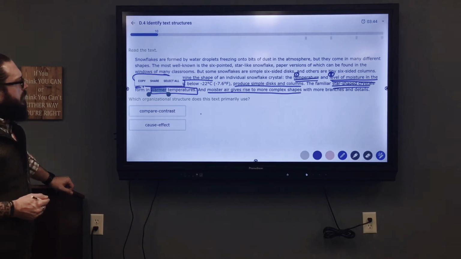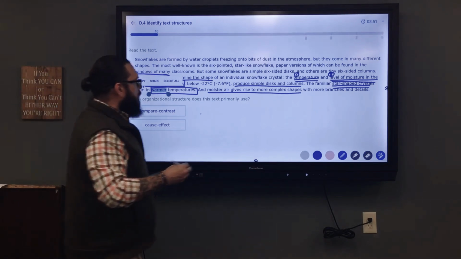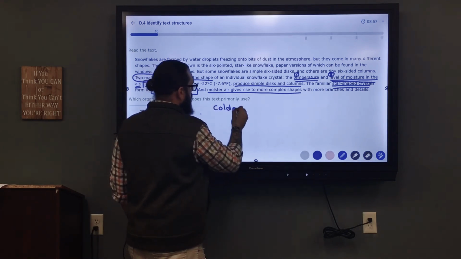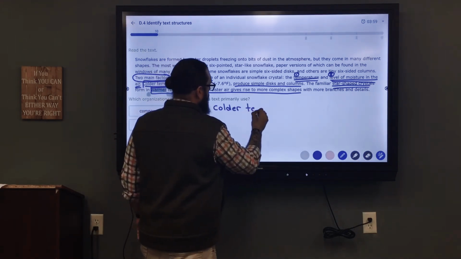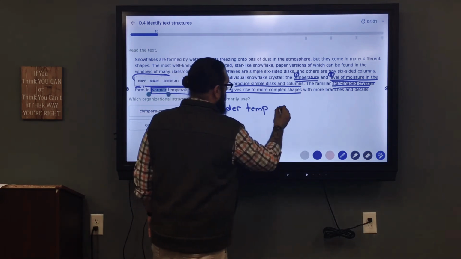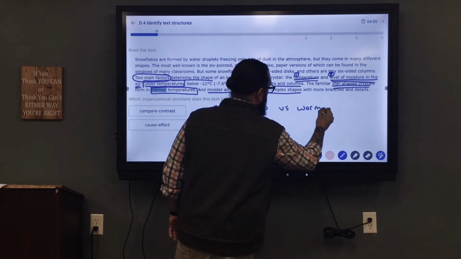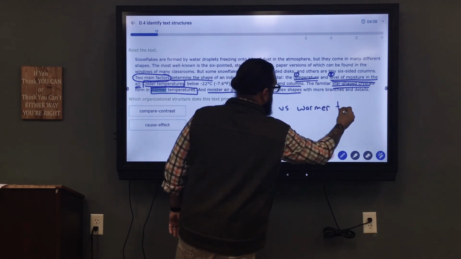Well, when we consider how this information is being laid out, the author is discussing snowflakes in colder temperatures versus warmer temperatures.